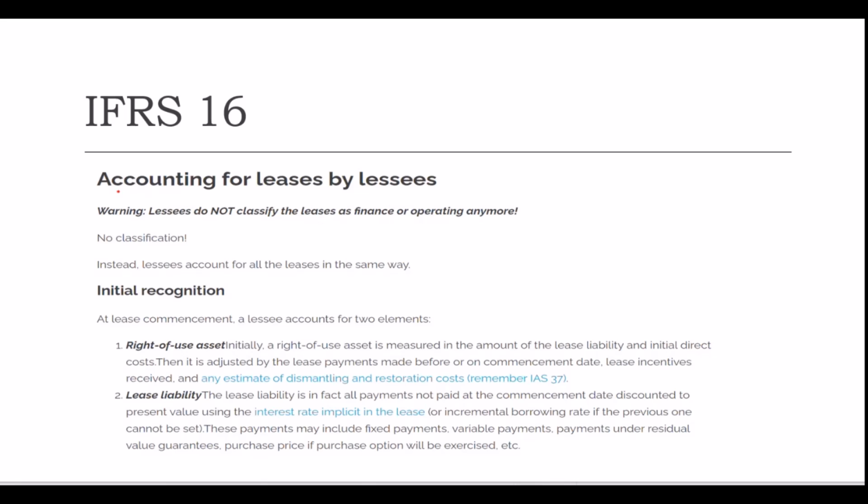Why? Your why is what is important to me. Remember, we are accounting for it from the lessee's point of view. You said it's a liability. Why? Because the lessee is obligated, once the contract has been signed, to make payments for a period of time.